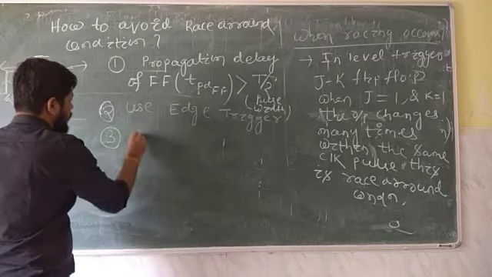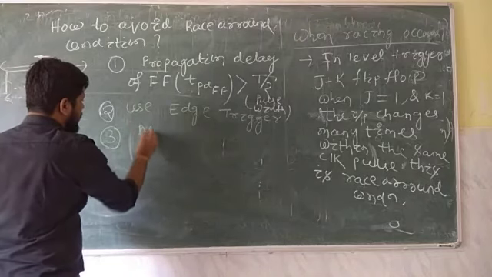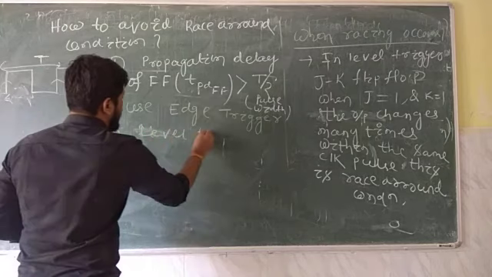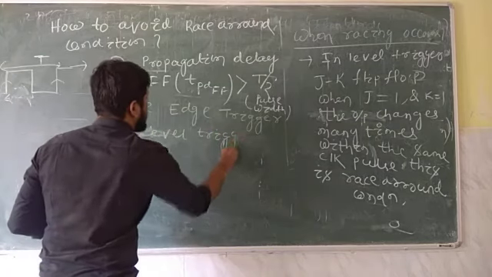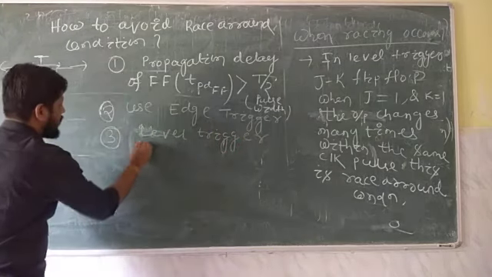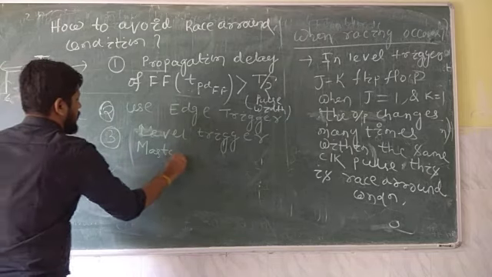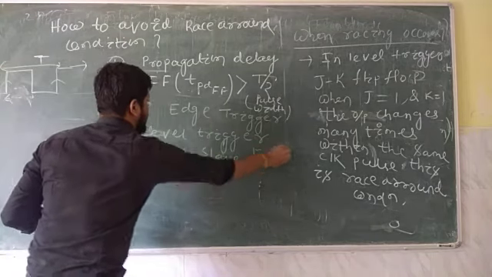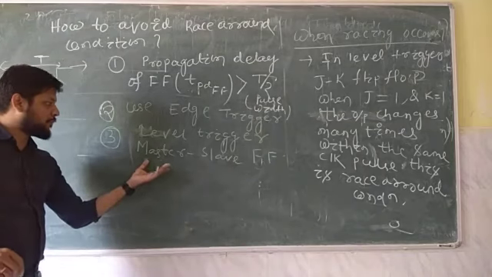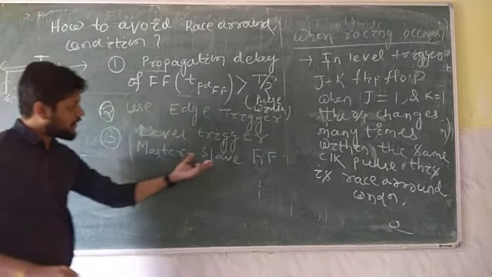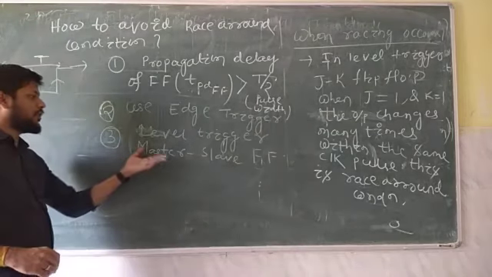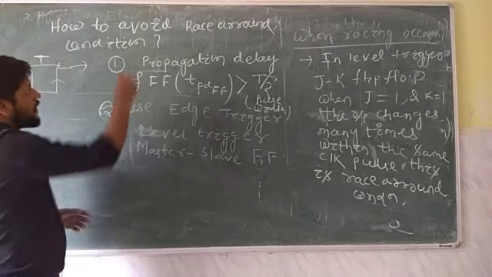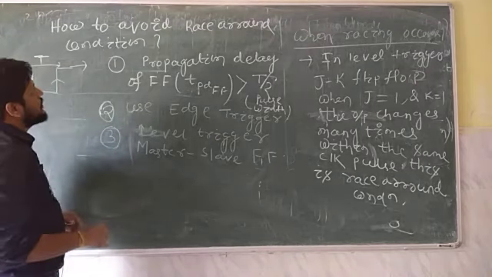Third means use master slave flip flop. That means we have 2 cascaded flip flops. The first stage is known as your master, the second is your slave flip flop. In the next class we will study this master slave flip flop, and it is particularly used to avoid this race around condition in JK flip flop.